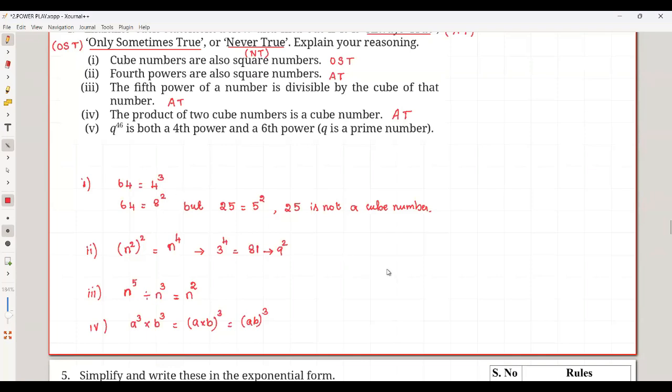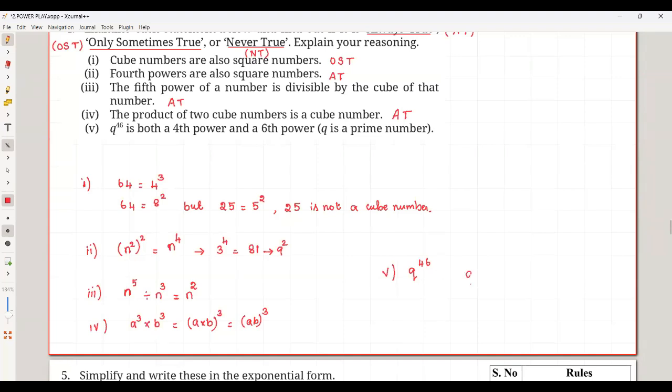Now, fifth question: q to the power 46 is both a fourth power and a sixth power. They are telling that q to the power 46 is both a fourth power and a sixth power.